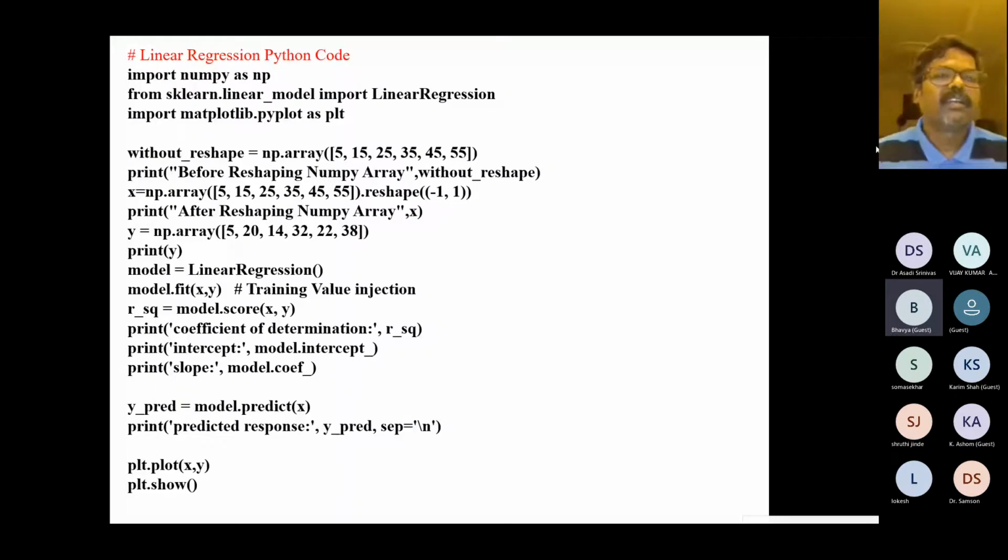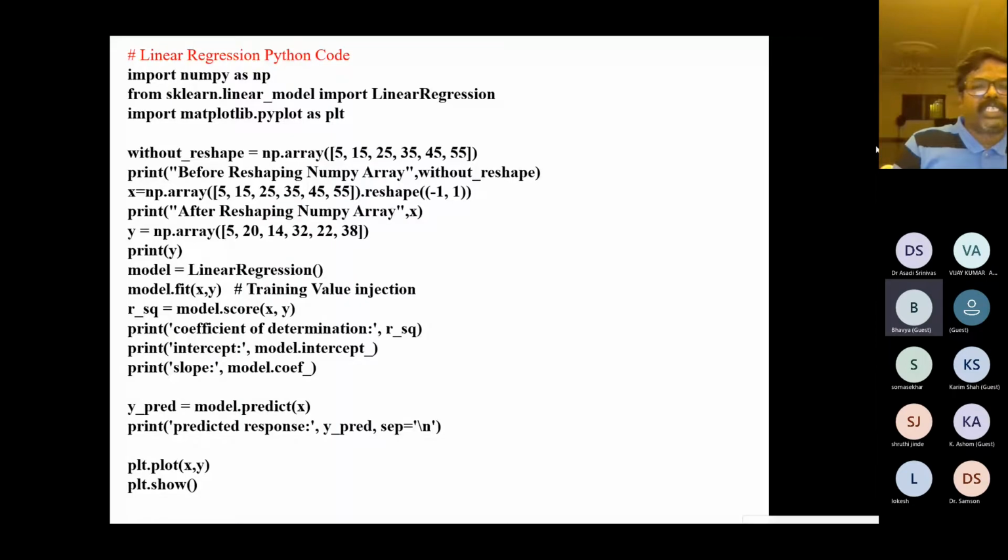Here, I'm going to explain this. I'm importing the NumPy package as np, from sklearn.linear_model importing LinearRegression, and importing matplotlib.pyplot as plt. Without reshape, I'm taking the numpy data as an array.